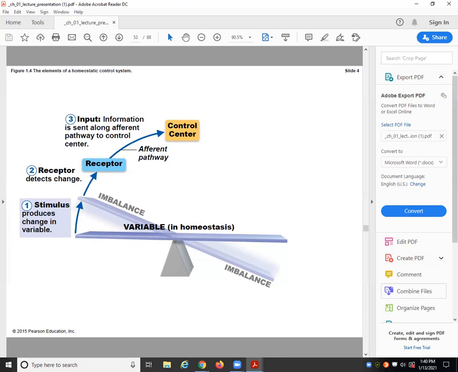And your receptor detects that. So then there's some input from the receptor through a pathway to a control center, somewhere in your nervous system. Then another pathway is used for the control center to send a message, some output, some information to an effector.